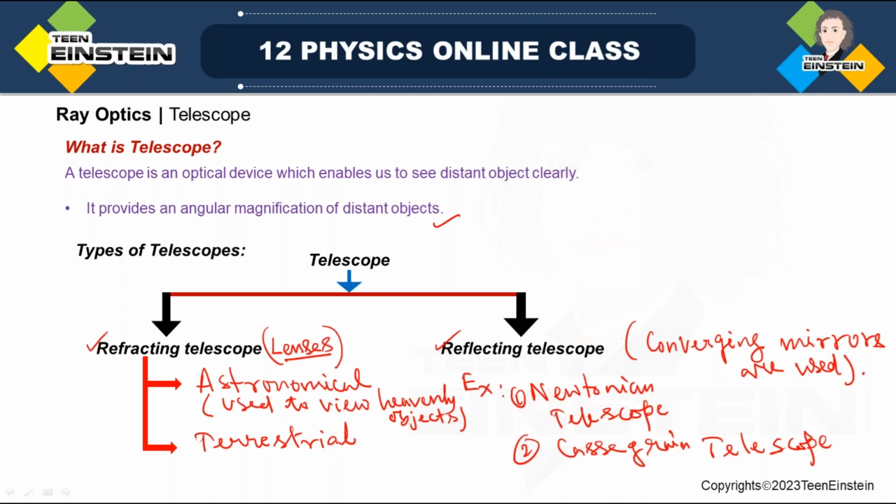And the second one is terrestrial. This is used to view objects on the surface of the earth or near the surface of the earth itself.